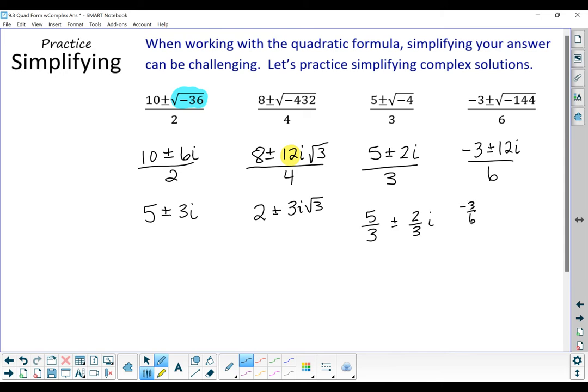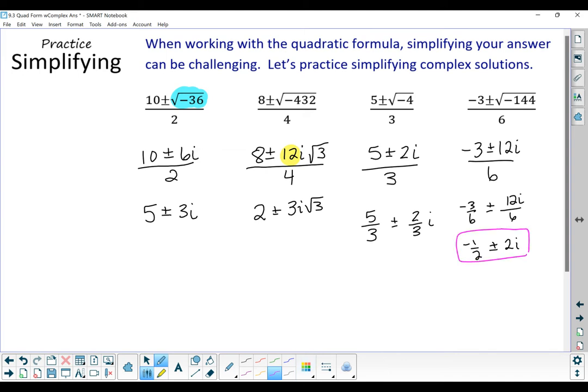It's a negative 3 divided by 6, and it's a 12i divided by 6. Well, negative 3 divided by 6 is the same as negative 1/2, and 12i divided by 6 is the same as 2i. So on this one, it is good to go ahead and divide it out.